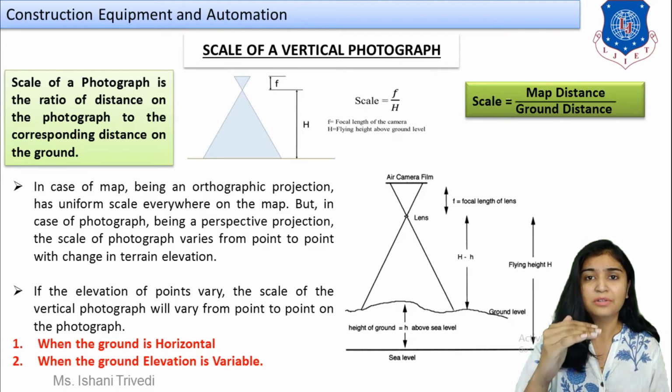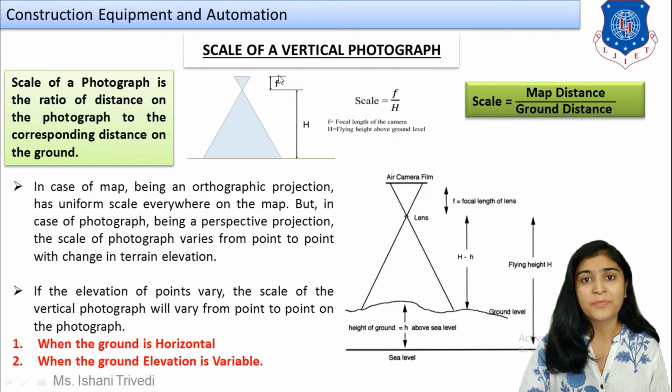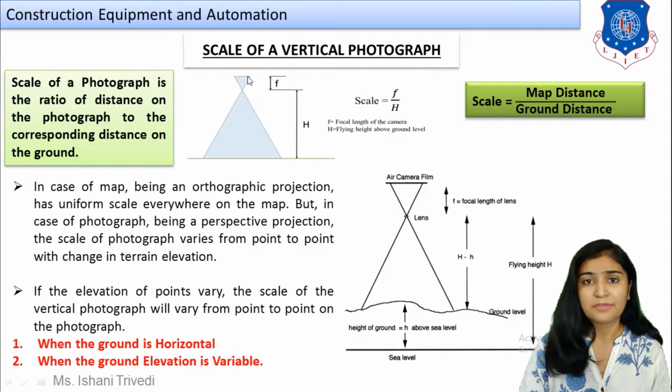Over here it will be small f, the focal length, the distance from the focus to your photograph, right? So that is the focal length of the camera. That distance is divided by the distance from the ground level up to the photograph, which you are going to take as the reference point.